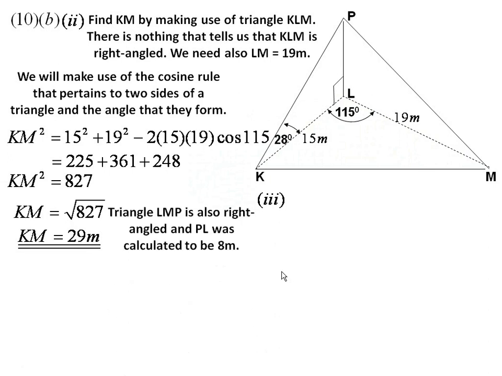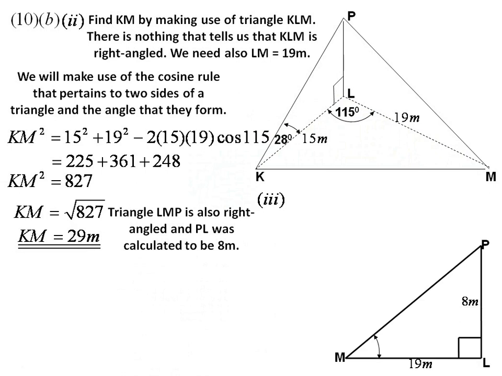Triangle LMP is also right angled, and PL was calculated to be 8 meters. So there we have triangle LMP, which is this one. We know that it is right angled because this line, as we stated before, is also on a horizontal plane, and this is a vertical pole.